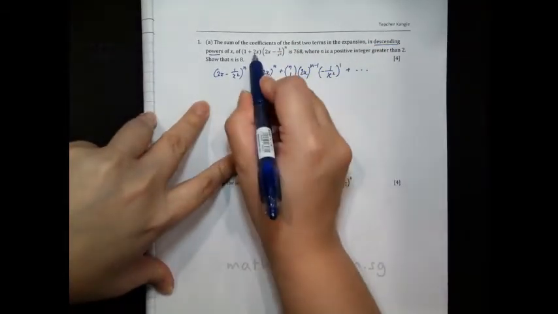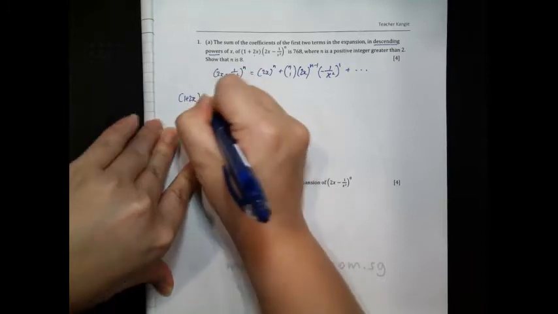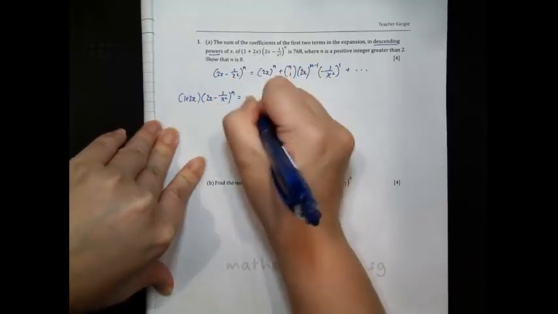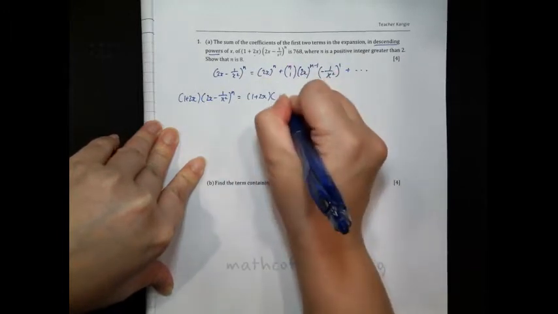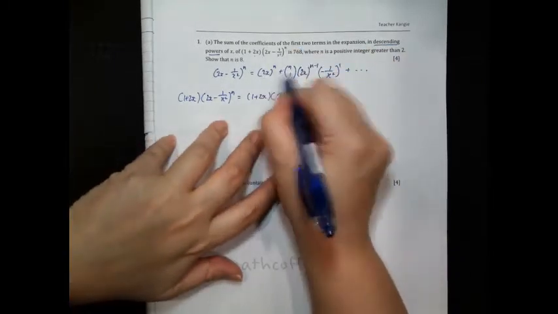Now I'm going to put the (1 plus 2x) in front of this one. So (1 plus 2x) multiplied with (2x minus 1 over x squared) to the power of n. It means that (1 plus 2x) is multiplied with these two terms. Let me just write it out and simplify at the same time.